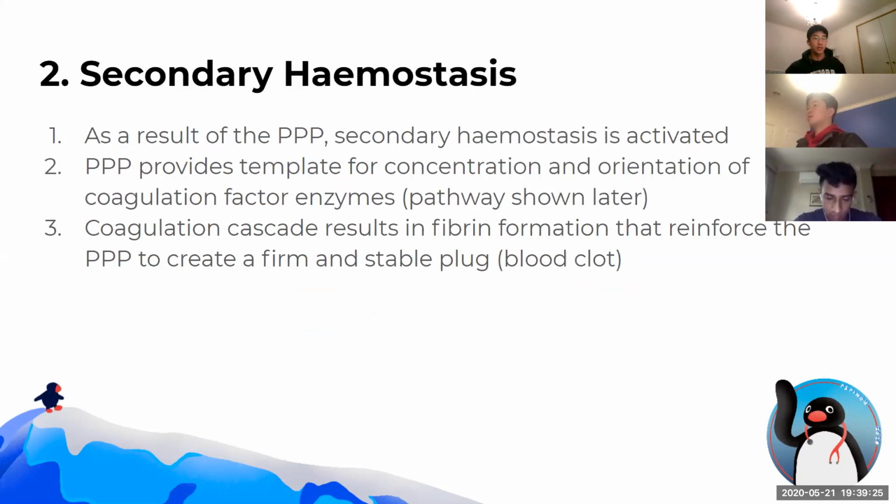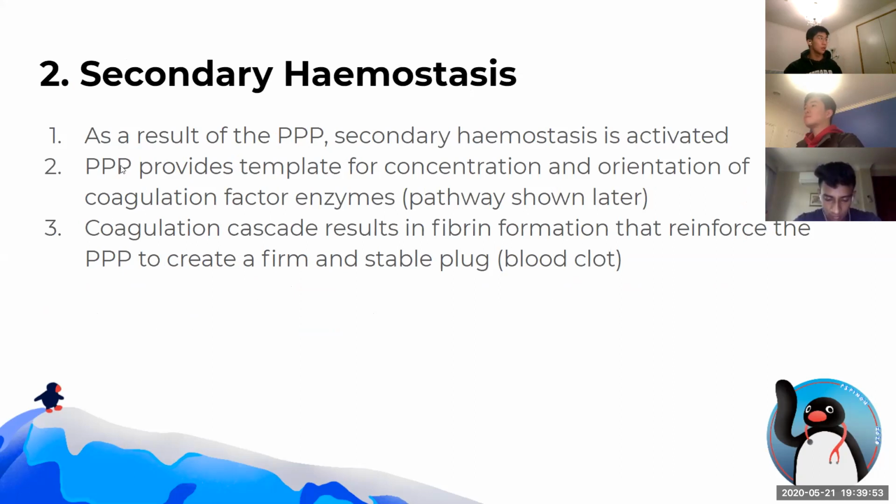Because after this, we have something called secondary hemostasis, and this gives a bit more strength to our structure. Once our primary platelet plug is finished, we have secondary hemostasis. Basically it's a bunch of cells and a bunch of fibrin that forms over this primary platelet plug.